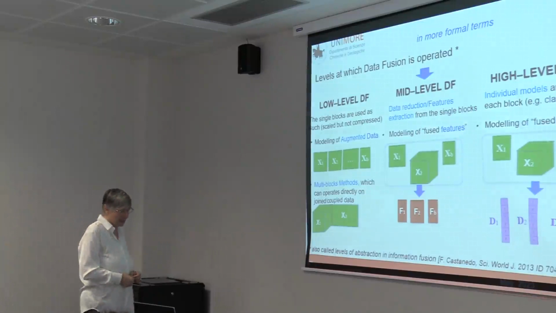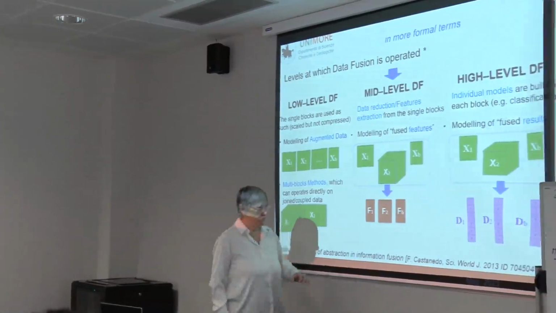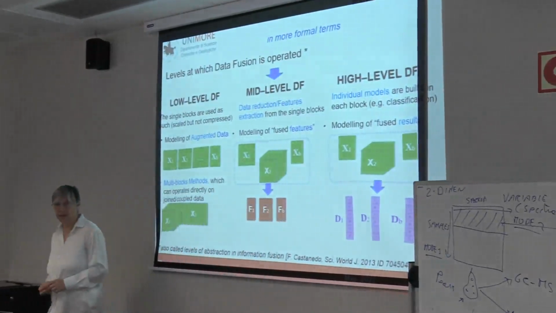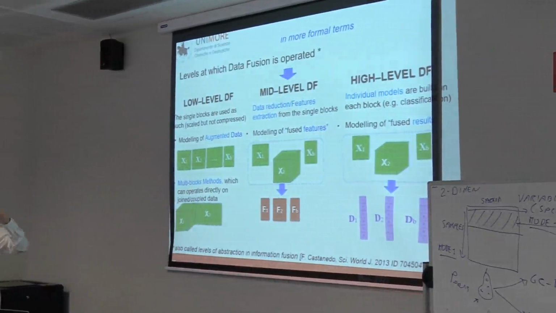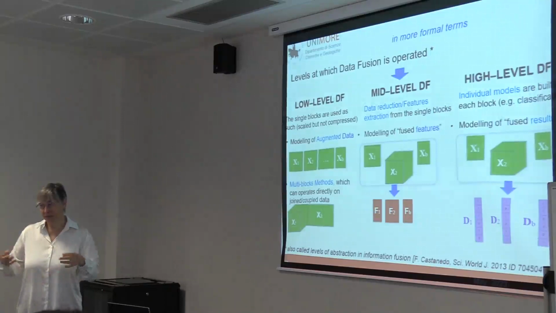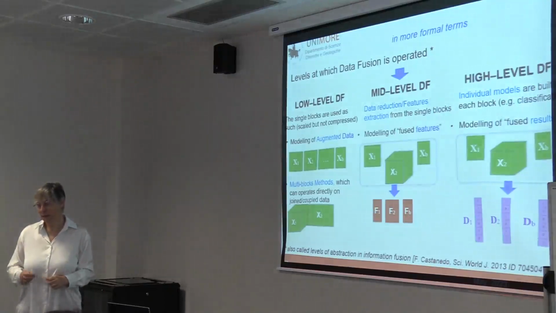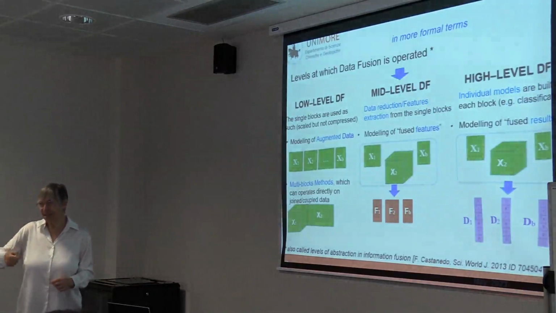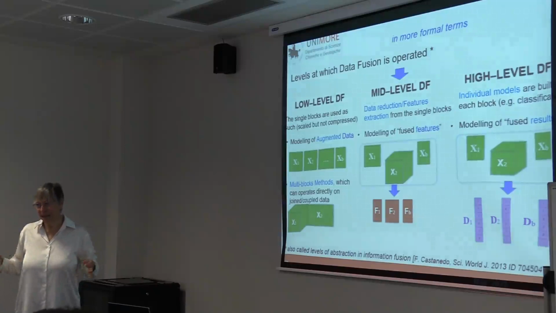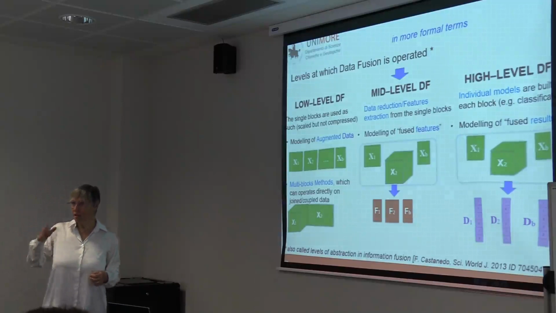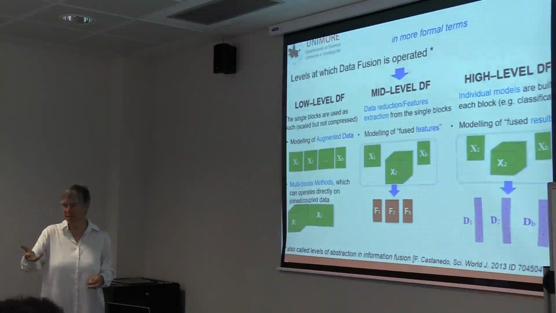So, for instance, you see fewer applications in chemometrics of high-level data fusion with respect to, for instance, the robotics community. Because imagine that when you have to make a decision, in this case, you really don't care about the rest, and you want to merge as many predictions or as many classifications as possible to achieve the best model.